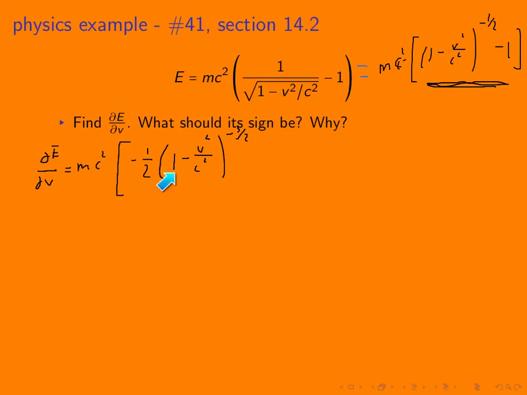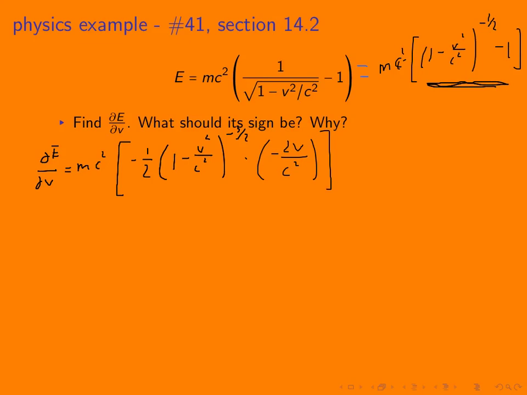The derivative of 1 is 0, and then I simply take the derivative of this with respect to v, so times minus 2v over c squared. And finally, the derivative of the last 1 is 0, so that piece just goes away.